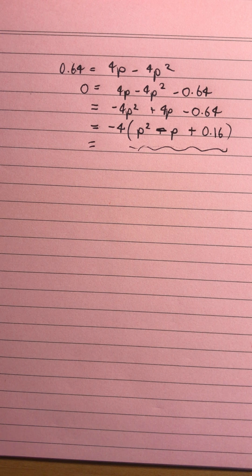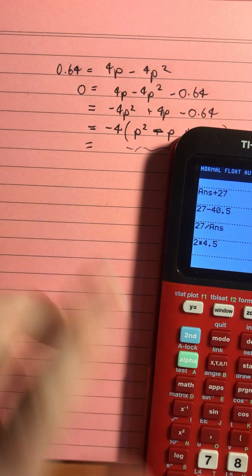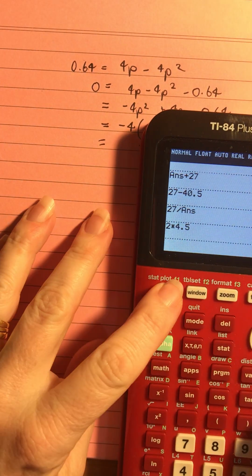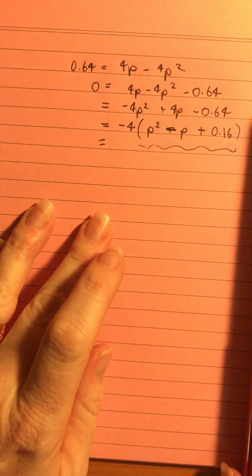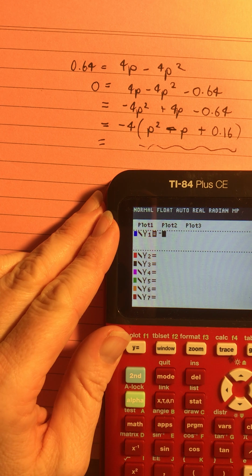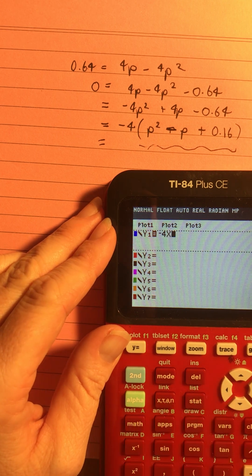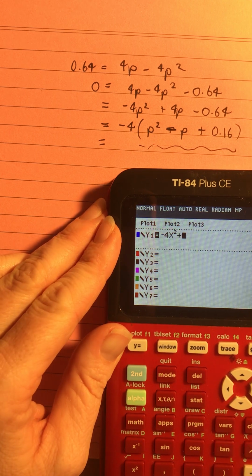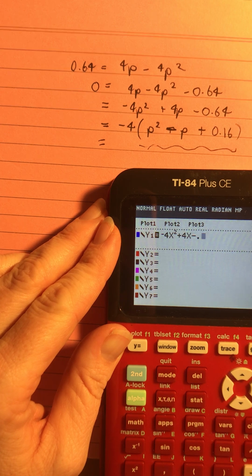If we get a positive and negative number, obviously it's going to be the positive because we can't have a negative probability. I'm going to grab my graphics calculator and pop that one in there. I might just pop it in as is up here and look when that's equal to 0. So I've got negative 4x squared plus 4x, take 0.64.